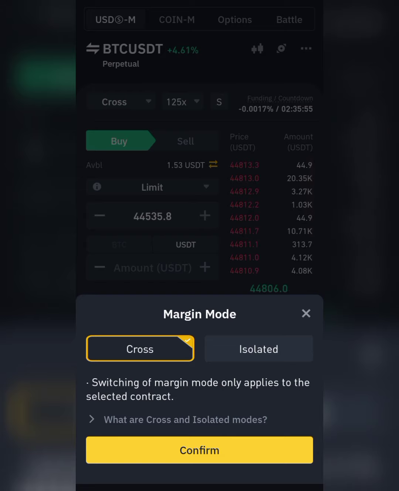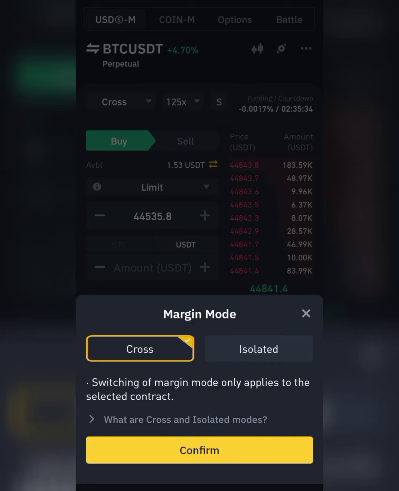But isolated is totally different. Isolated means you are entering a position with a designated amount of money which will serve as your margin for that position. In other words, it is isolated. Every trade you are taking has its own margin.